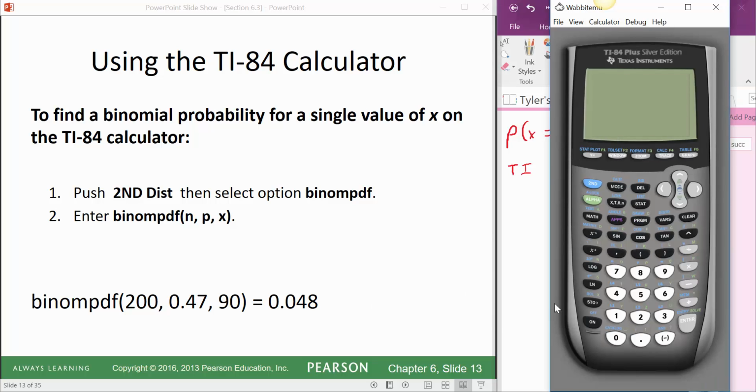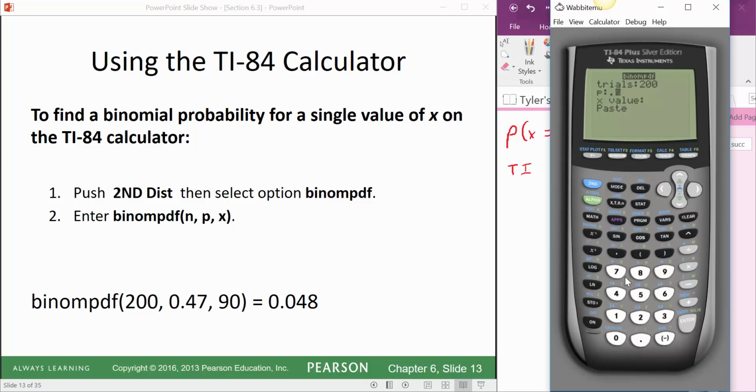Right, so first of all, we need it on. Go to 2nd distribution, and then we want binomial PDF, which is this one, option A. So hit enter. We're going to type in the number of trials. There were 200 trials, so type in 200. Then we're typing in the p-value, which is 0.47.